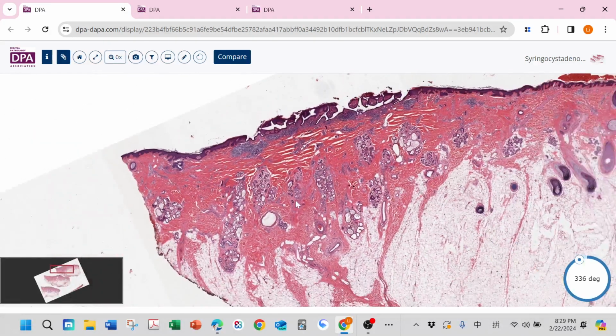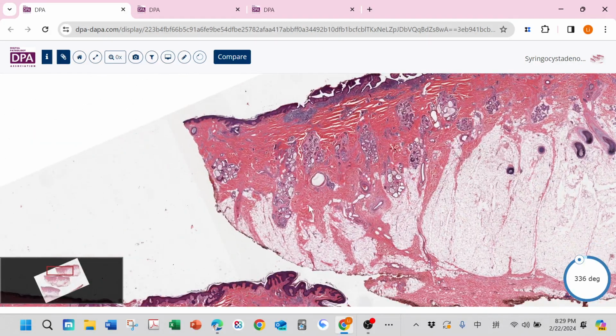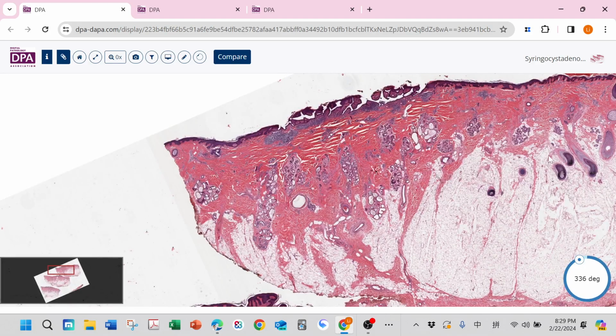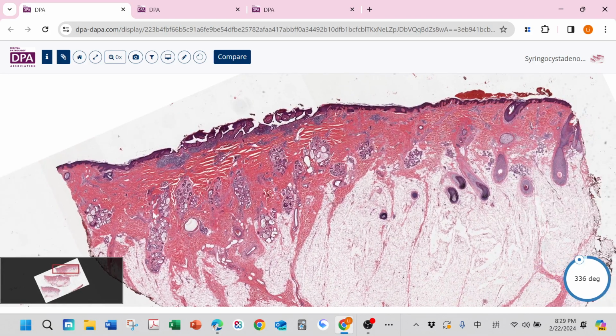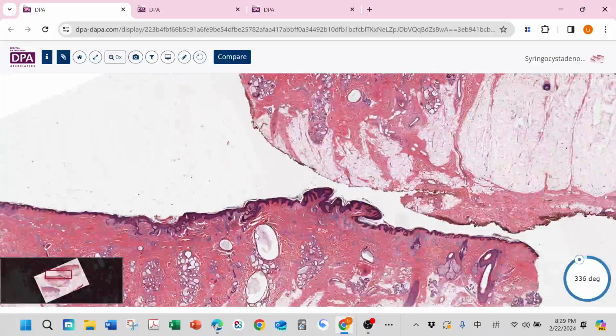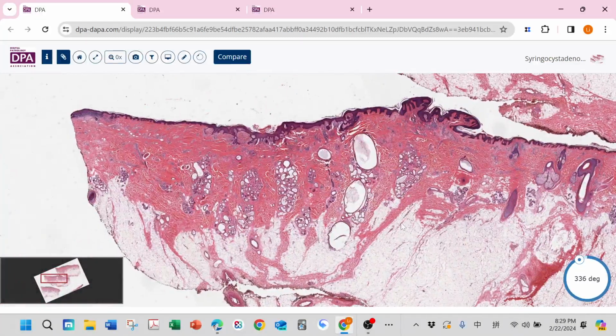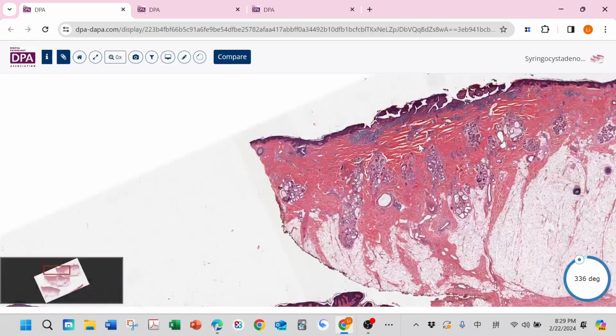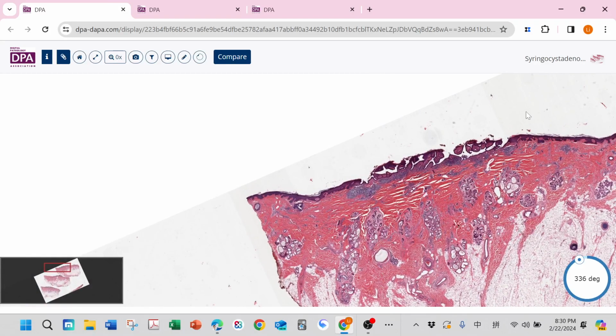And for nevus sebaceous, always bear in mind they will lose hair follicles. So you can see in this area, there are no hair follicles. Also here as well. But I would still like to see tons of sebaceous glands opening into the epidermis. But for the SCAP diagnosis, this one is really clear.